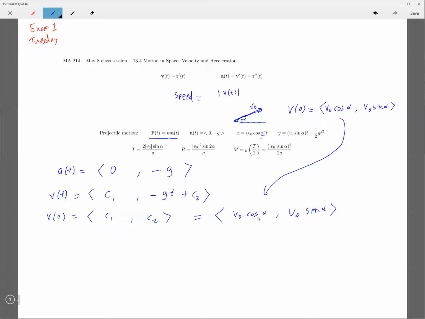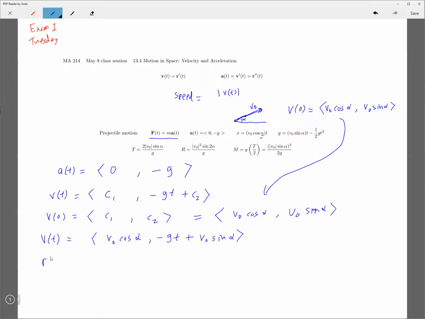And then C1's got to be that, C2's got to be that. So we plug it back into here, and then we have the velocity being V0 cosine alpha, then you have this GT, and then the C2 is V0 sine alpha.